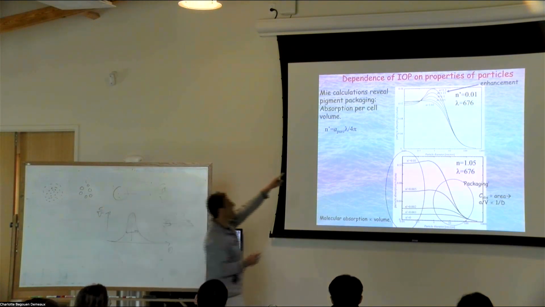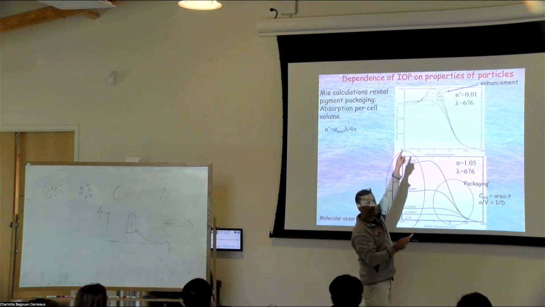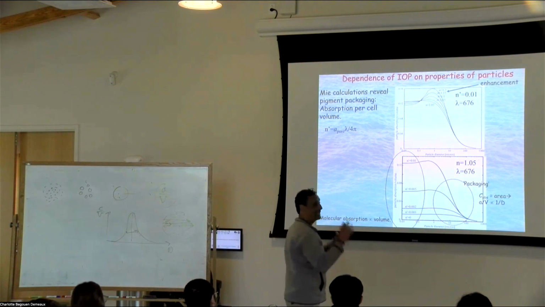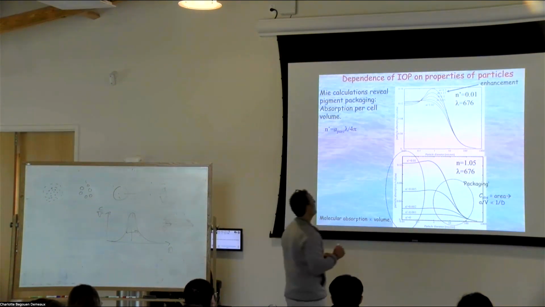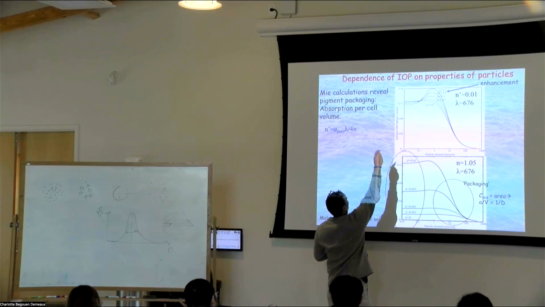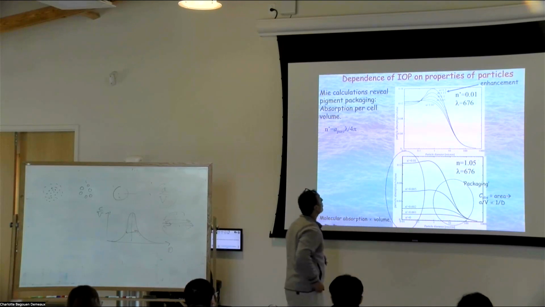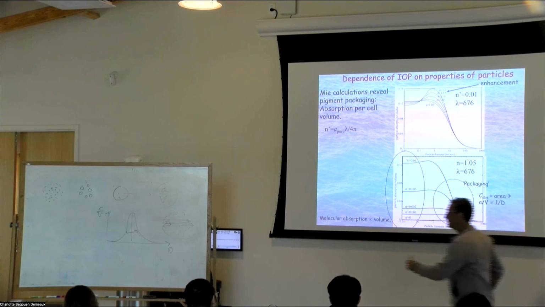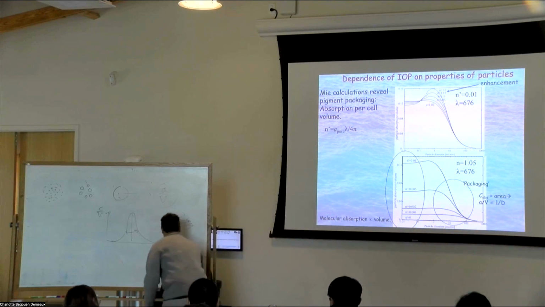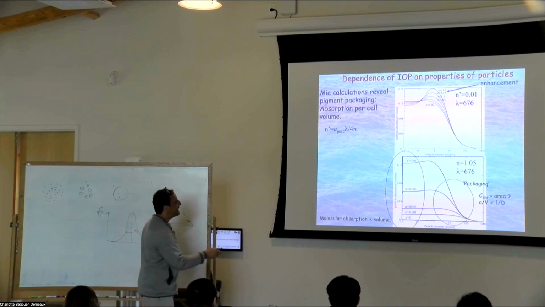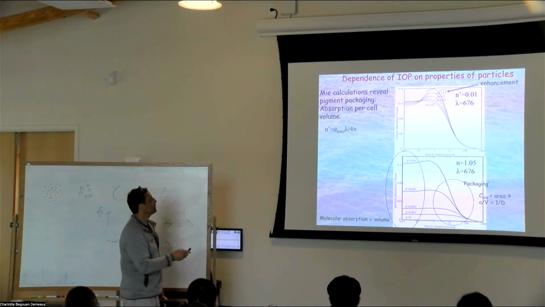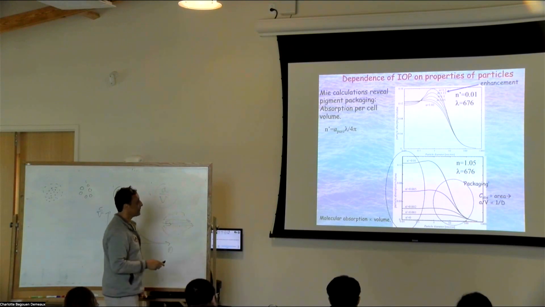This is how I get this extra peak in between. It's just the light bouncing inside the cell, just like in an integrating sphere. I can get even an increase on the order of, I don't know, 20% in absorption compared to the solution, because of refraction inside the stuff. So this is how packaging comes about.